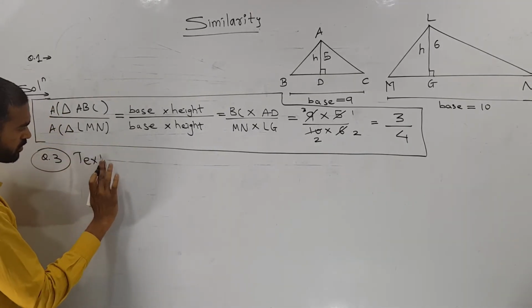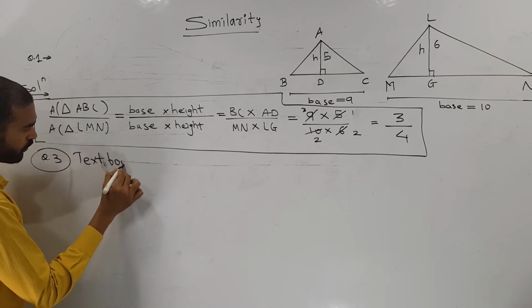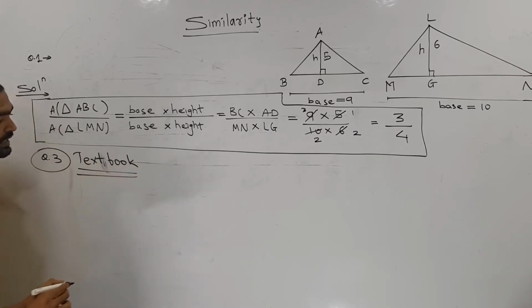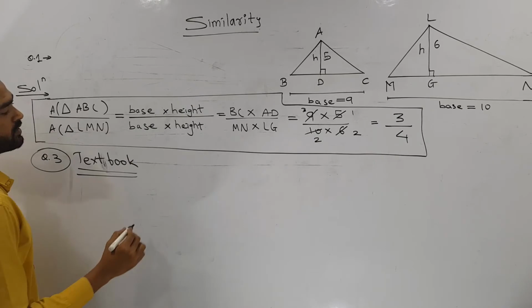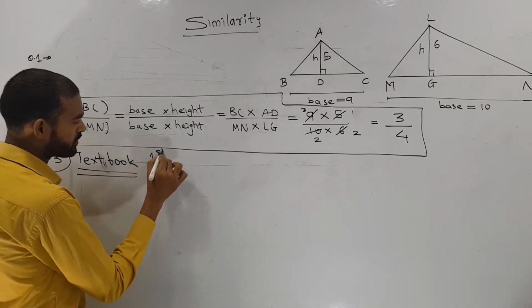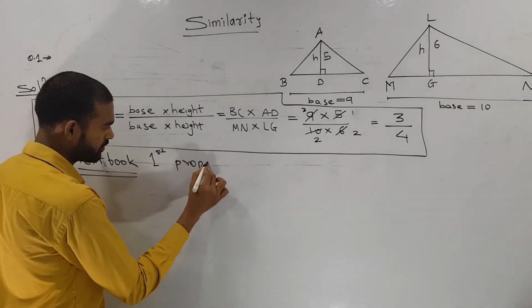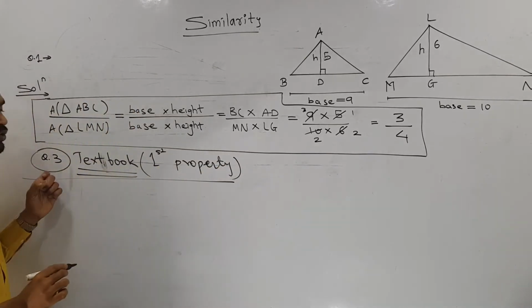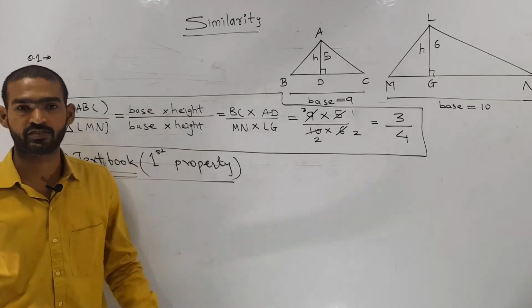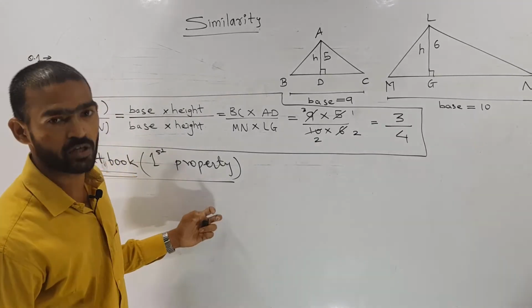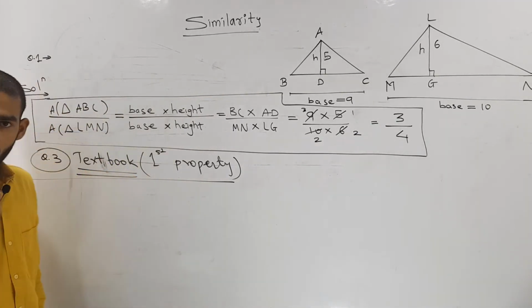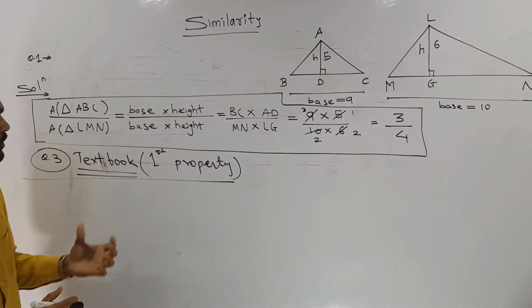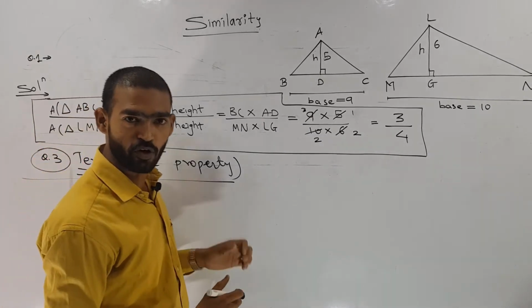Okay students, now remember question number 3 of your textbook is dependent upon the first property. This question number 3 from the same exercise 1.1, you can solve as homework. And to solve this question you have to apply which formula?